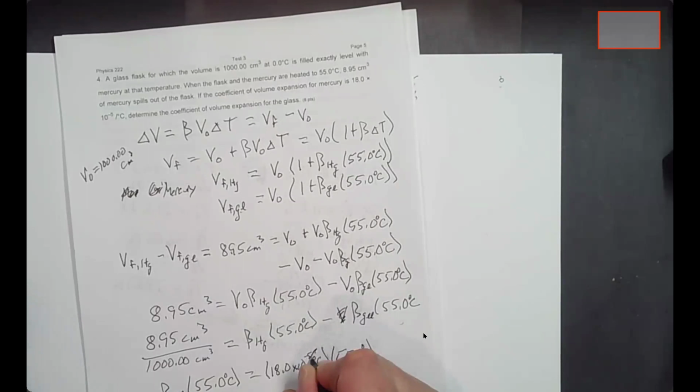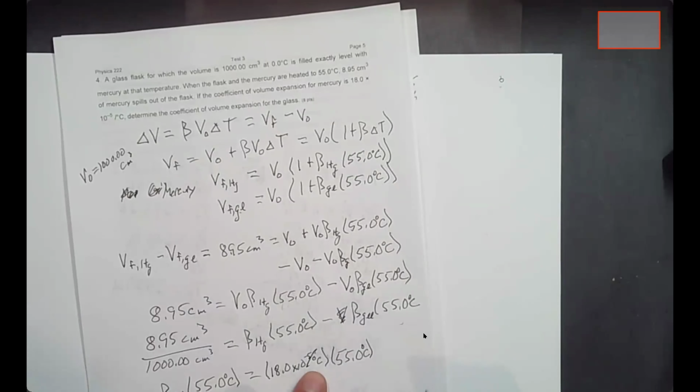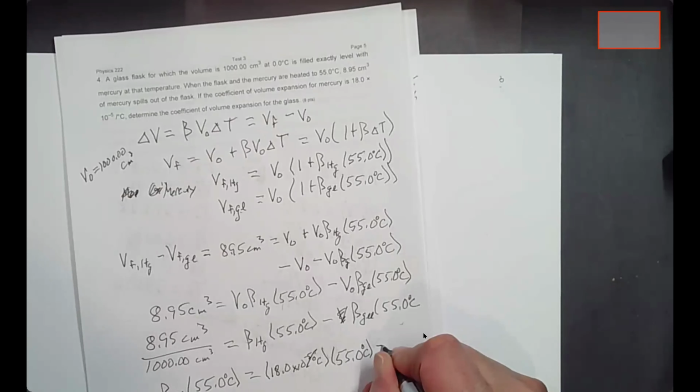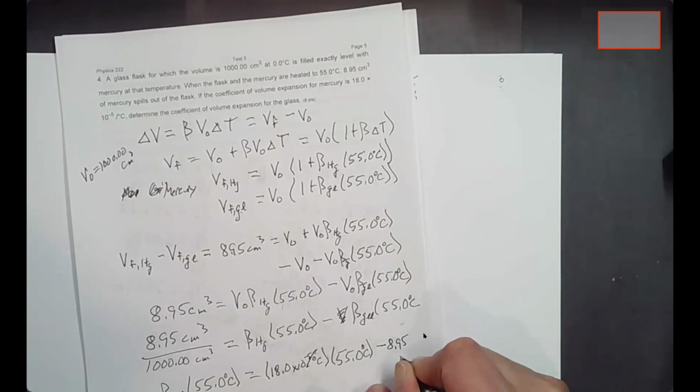Whoops, that's per degree Celsius on that thing. And then I'd subtract this, which is, I think, 8.95 times 10 to the minus third. So I need to do this subtraction before I divide by 55 degrees.